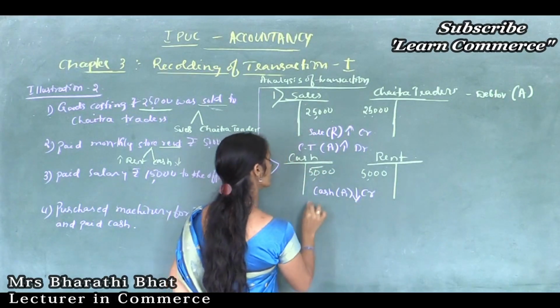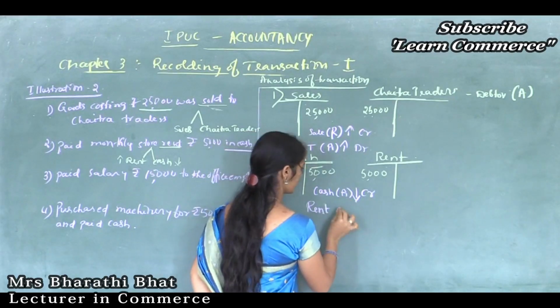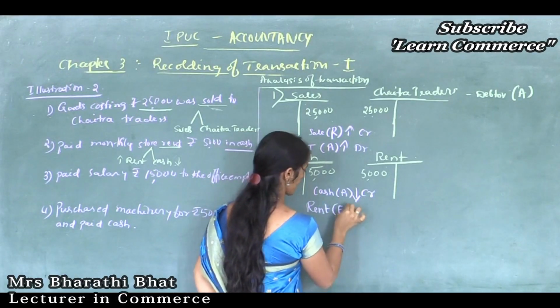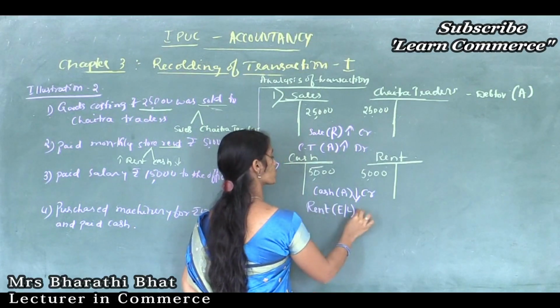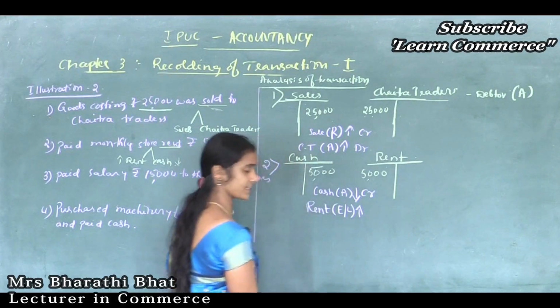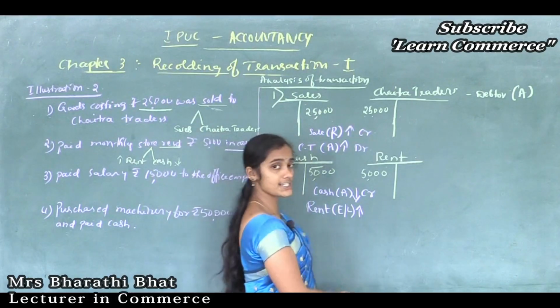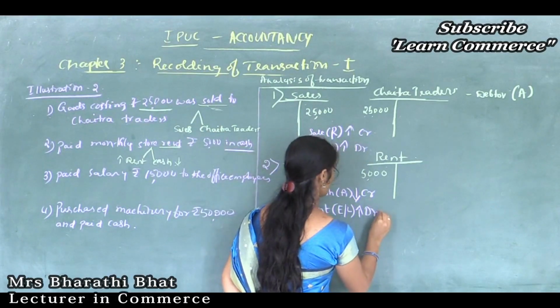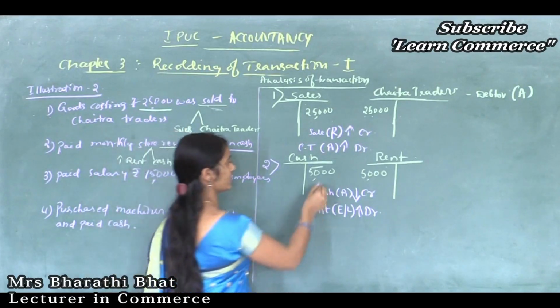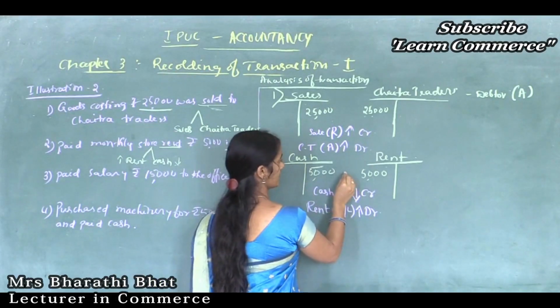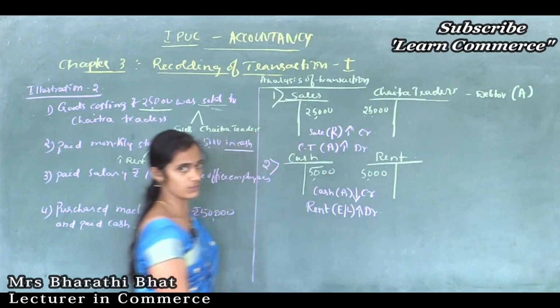And one more account affected here is rent. Rent comes under expenses or losses. So expenses increase, and increases in expenses is to be debited. Now it is equal, 5,000 equal to 5,000.